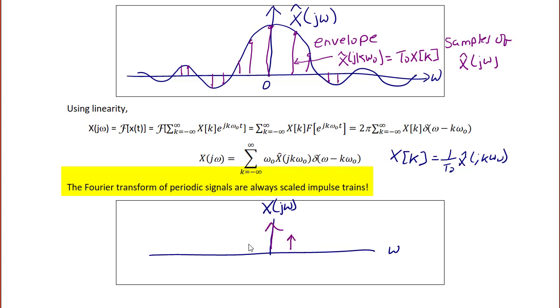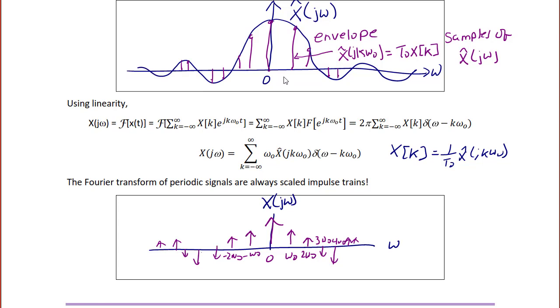They're all scaled impulses, scaled by the value of ω0, and so on. Where this would be 0, ω0, 2ω0, 3ω0, 4ω0. Negative ω0 over here, negative 2ω0.